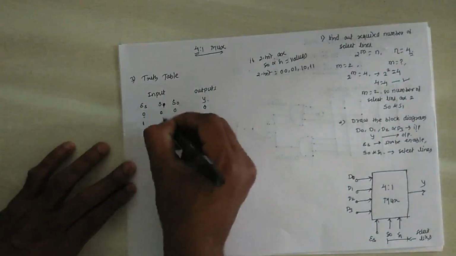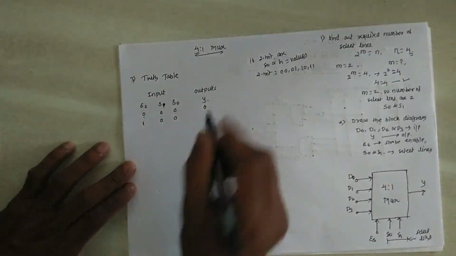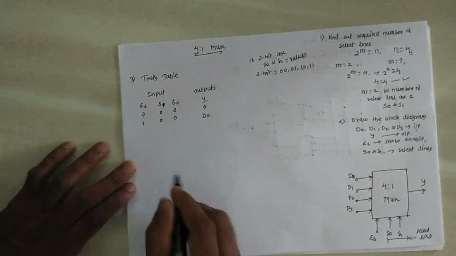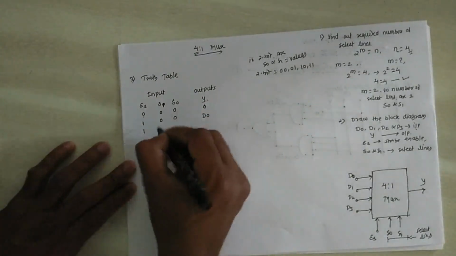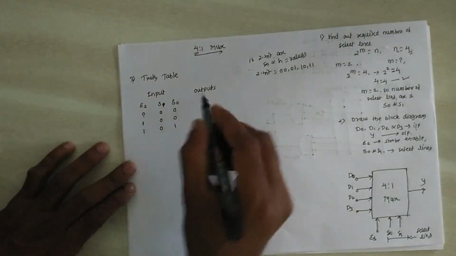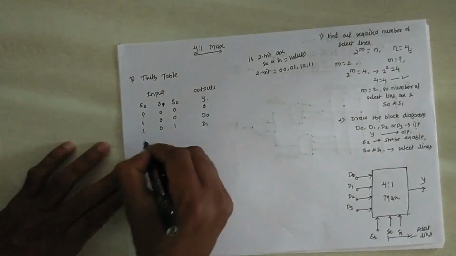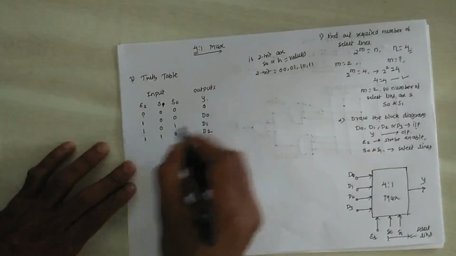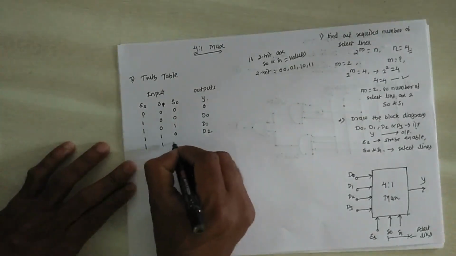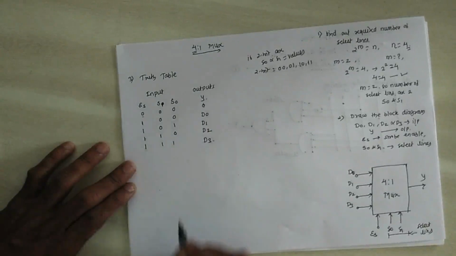If it is 1 and the select bits are 0 0, then the output is D0. For 0 1, the output will be D1. For 1 0, the output is D2. For 1 1, the output will be concerned with D3.